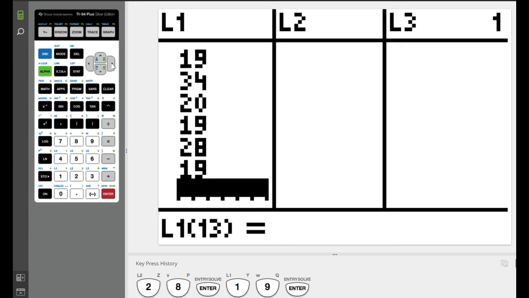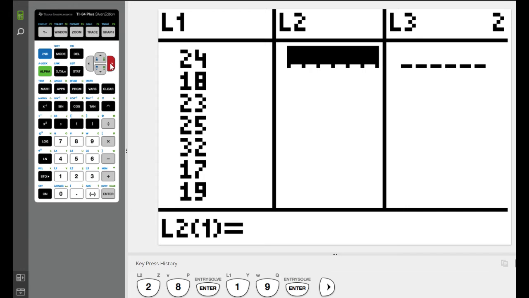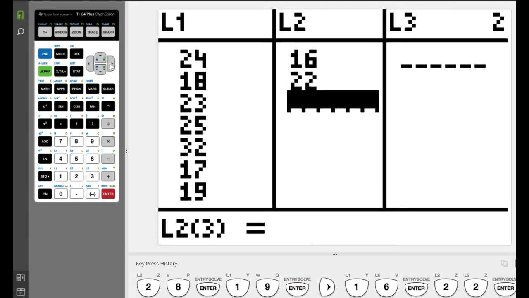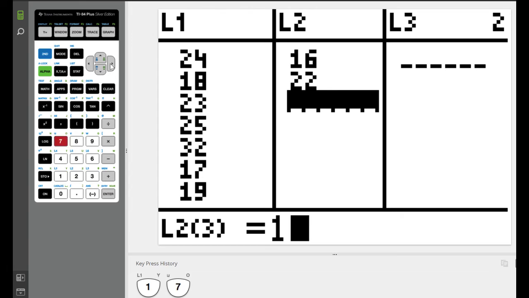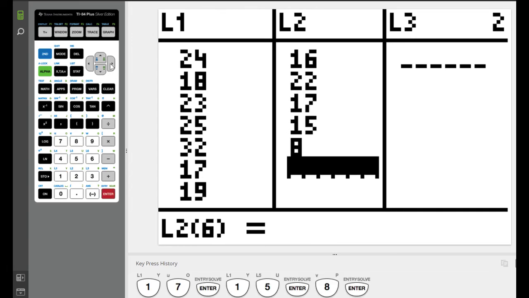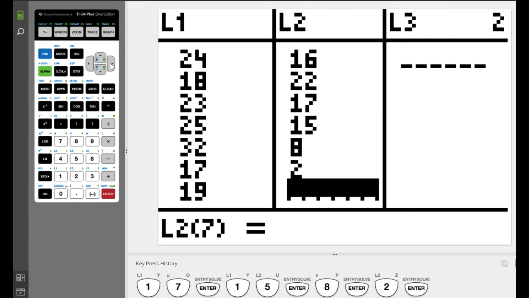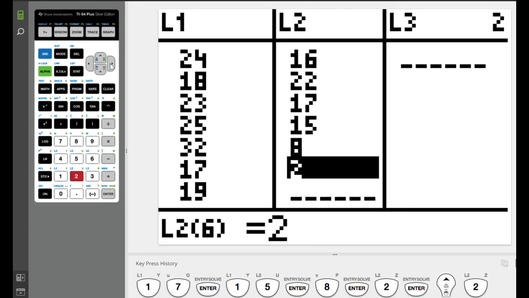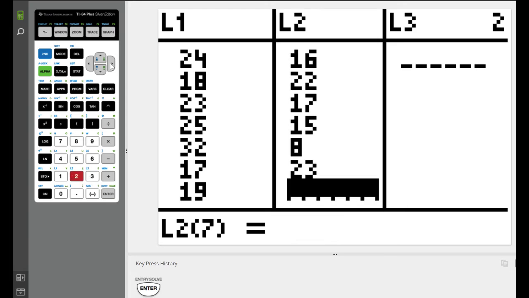Let's go over to L2 and make sure we line up the correct values. So 16 was the first, 22, 17, 15, 8, 23. Uh-oh, go back up. This should be a 23, 3, 21.